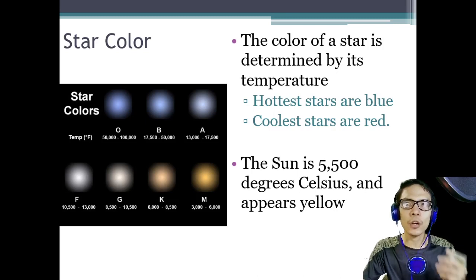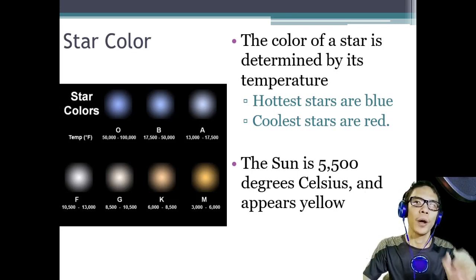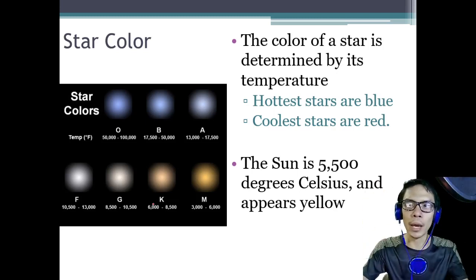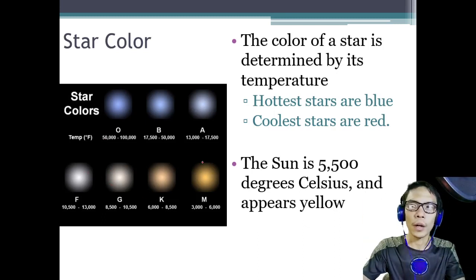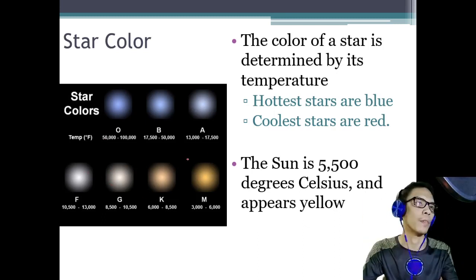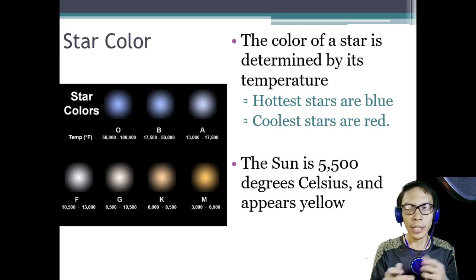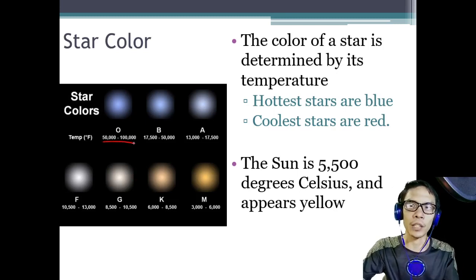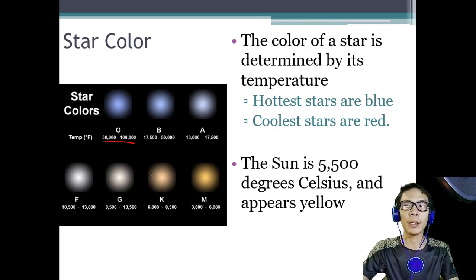So, the stars have different colors. As I've said earlier, the colors range from blue to white, then down to yellow, and down to red. The colors of the stars dictate their temperature. Technically speaking, the warmest color of the star is blue, with a temperature of 50,000 degrees Fahrenheit.